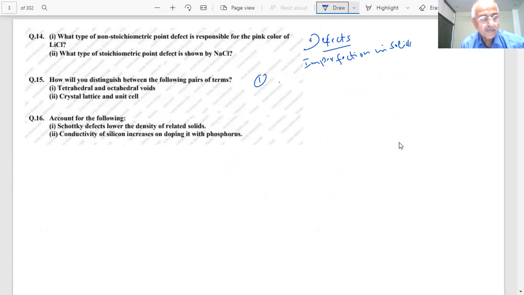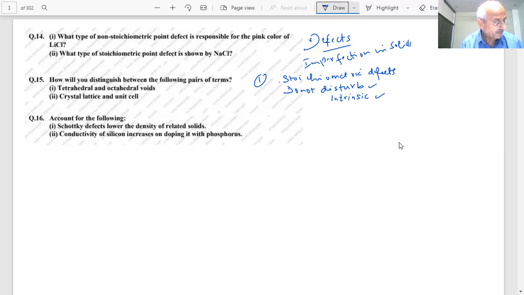Sir, stoichiometric defects are those defects which do not disturb the stoichiometry of the solid. ठीक है, they do not disturb the stoichiometry of the solid. They are also called intrinsic or thermodynamic defects, students.